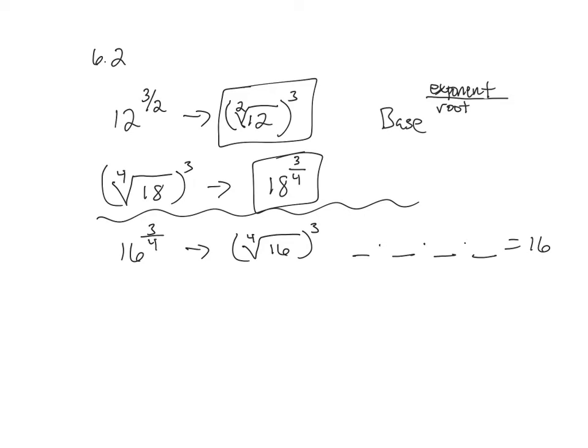With that many numbers, it's got to be small. So it's 2 times 2 times 2 times 2. So what we have is 2 to the third power. So 2 times 2 times 2. 2 times 2 is 4. 4 times 2 is 8.